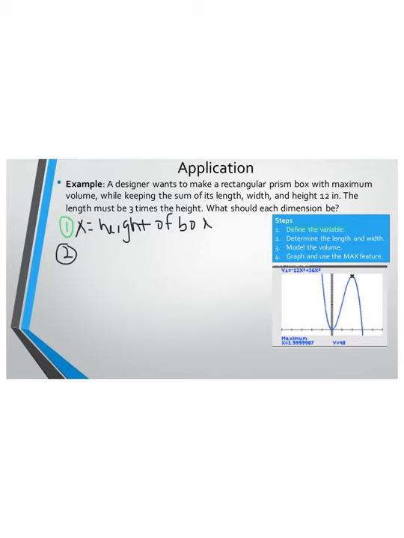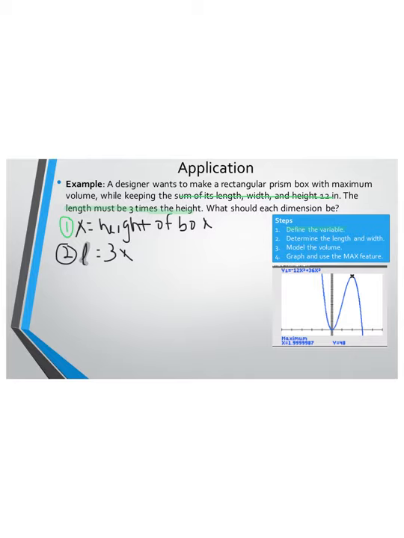In step 2, we have some clues. Notice the sum of the length, width, and height is 12 inches. So if we add all of them together, we would get 12. We also know that the length must be 3 times the height, so length equals 3x.